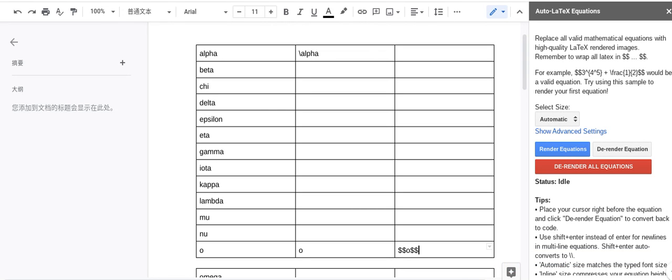So let's give it a shot. Basically, by using LaTeX, you are able to change them into written form. Let's say, for example, alpha. If we add this, it will become this.